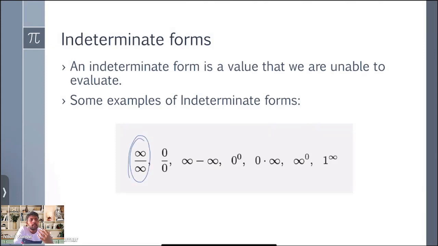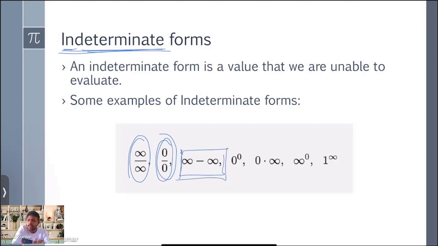So if you encounter somewhere infinity upon infinity and someone asks you what the exact value of that is, we can't really say. And that is why if we cannot determine the exact value, it's called the indeterminate form. 0 by 0 is another such indeterminate form.